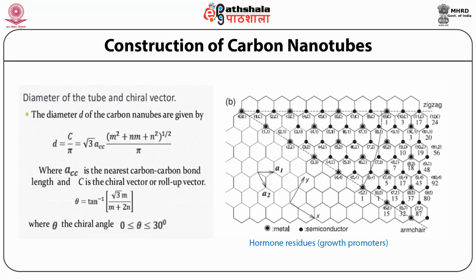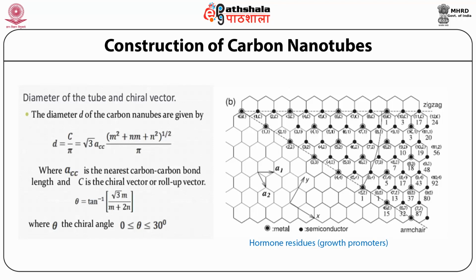Now, if this chiral vector, for example (8,0), is used to make a tube, then the head of the vector is matched with the tail of the vector as a circumference, and the tube which we will get is known as an (8,0) tube.